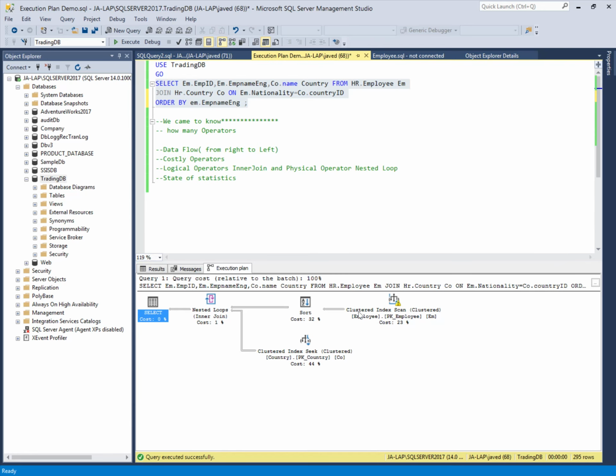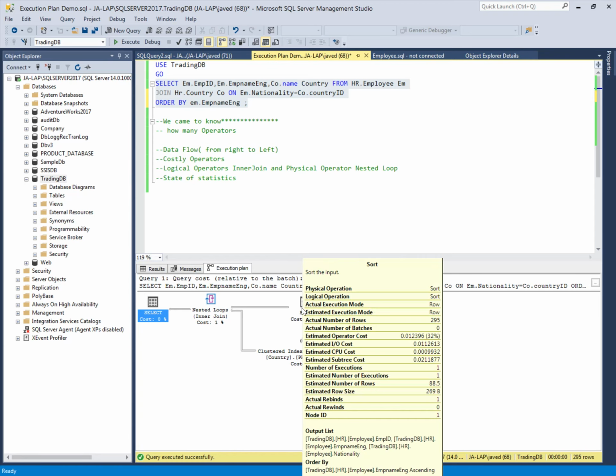After that, this is the arrow. The arrow shows the direction of the data in this execution plan, and it shows not only the direction but also the size of the rows, how many rows pass from this operator to the next.